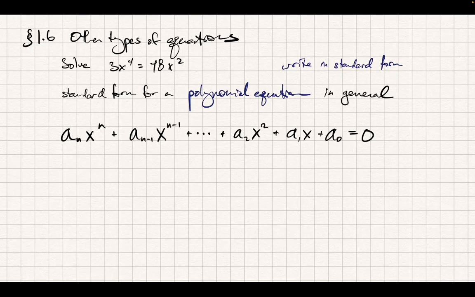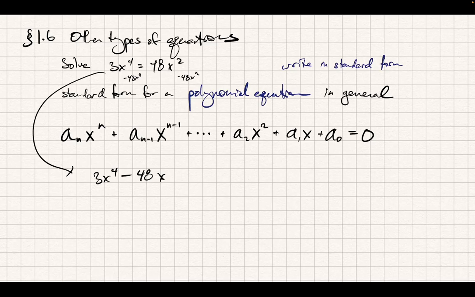So for this example, I would like to write this in standard form, and Matt has already told us. What did you tell us? 3x to the 4th minus 48x squared equals 0. Why is it minus 48x squared? Because you're subtracting the 48x squared from the other side. I'm subtracting 48x squared from both sides, right? Why can I subtract from both sides? Subtraction property of equality.